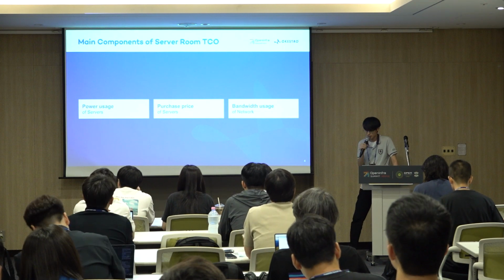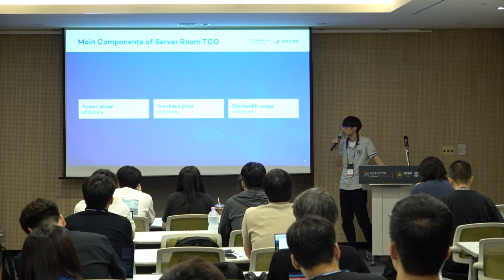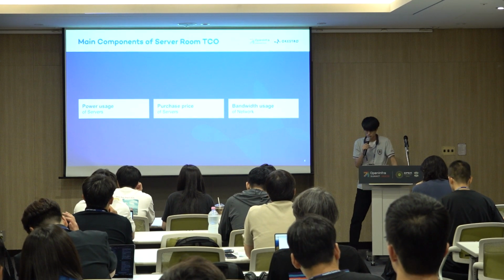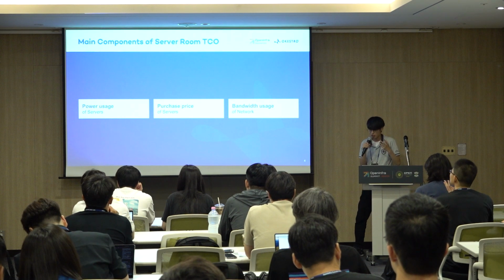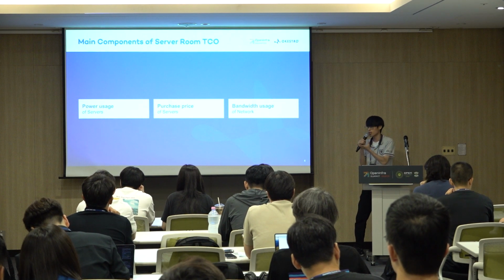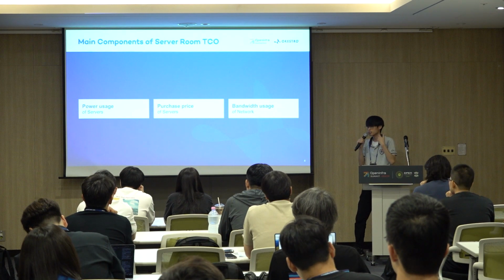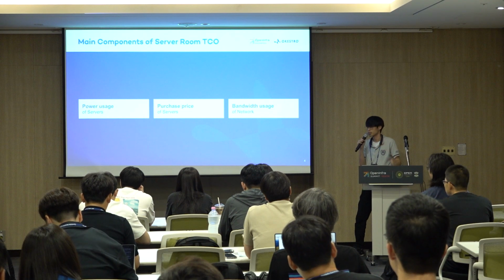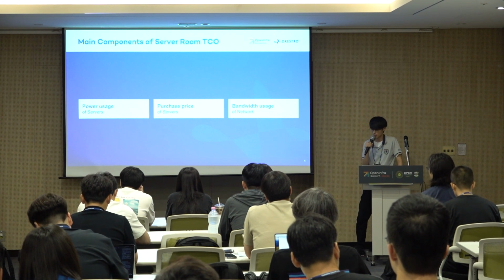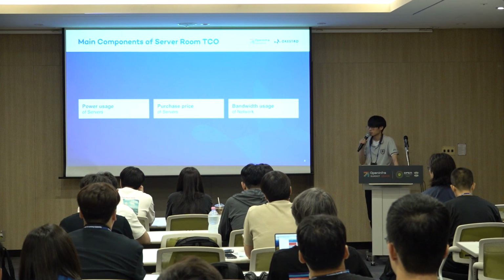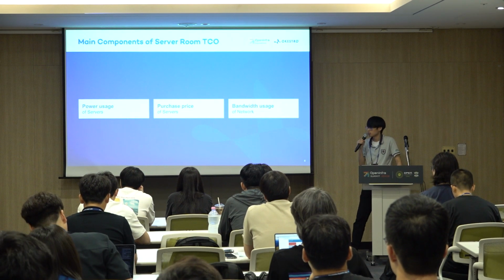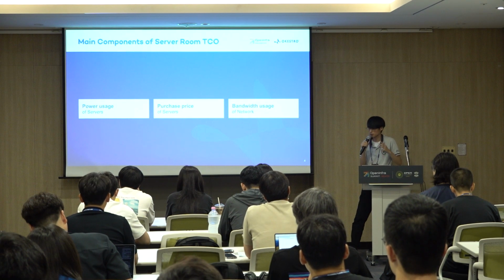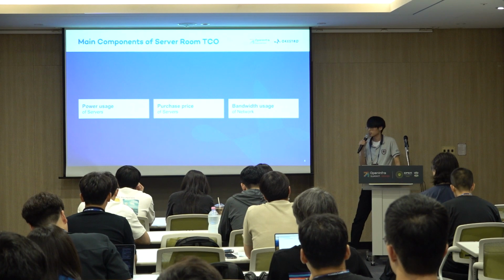Second, server purchase price is determined by the server's specification and replacement cycle. So higher computing power requires higher specification servers, which means we need much more expensive servers. And an inefficient replacement cycle of physical servers may also cause wasted expenses.